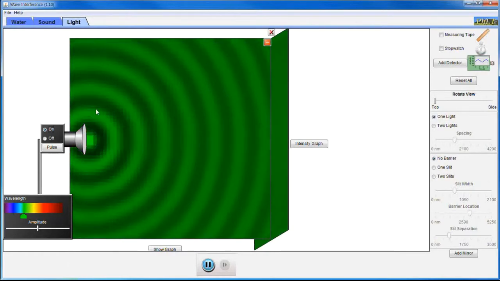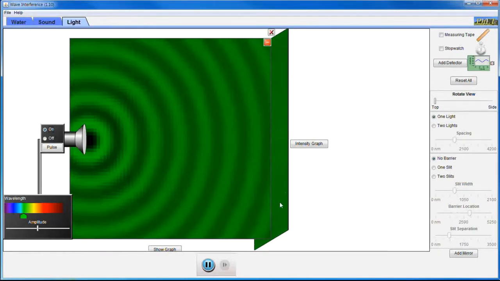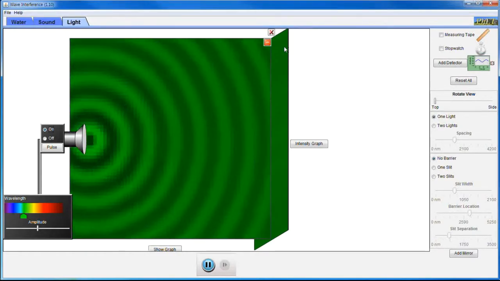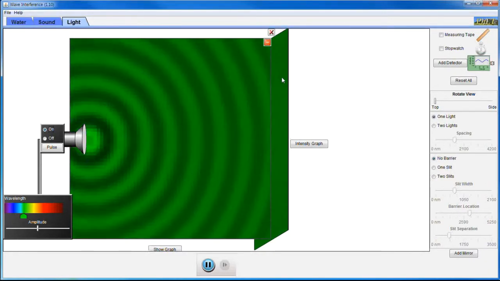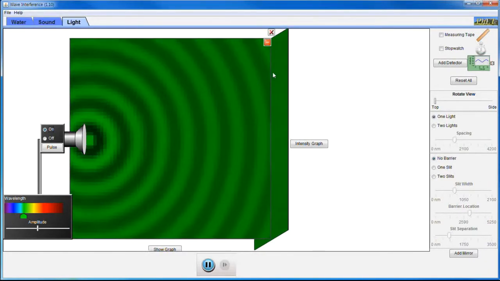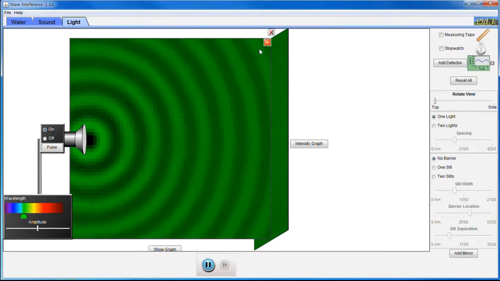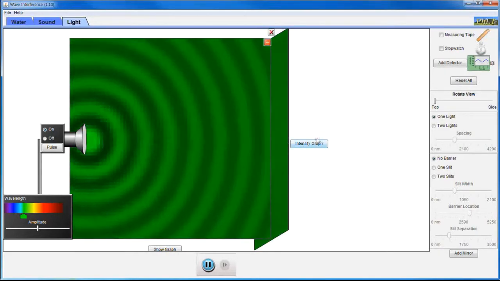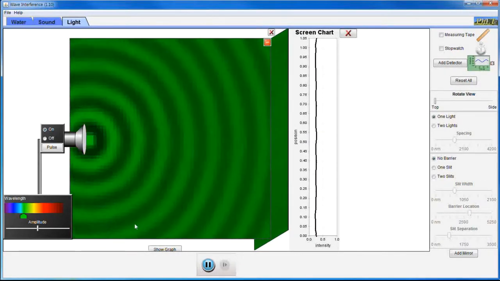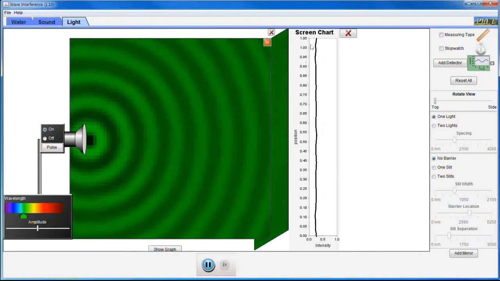This light source is creating a spherical wavefront. And on the screen, can you see any pattern? It's actually very difficult to see anything. It just looks bright, because pretty much everywhere on the screen the light is falling at about the same intensity. So if we turn on the graph, it looks pretty much flat.